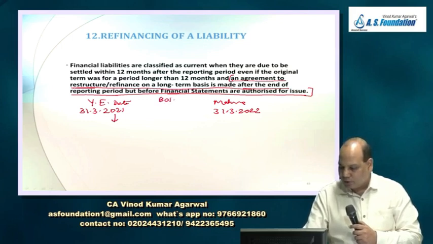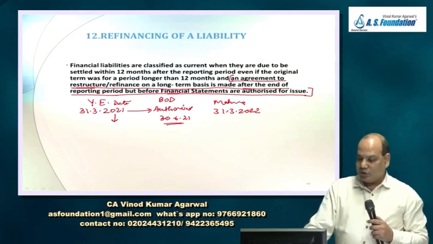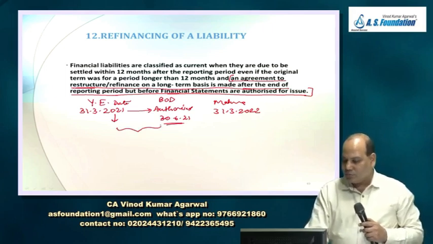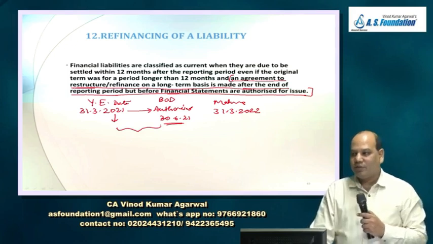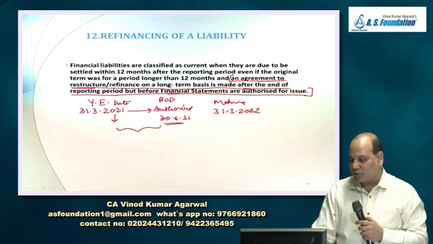The board of directors authorized the financial statements for 31st March 2021, let us say on 30th June 2021. Okay, this period is called events occurring after the reporting date, after the SOFP.